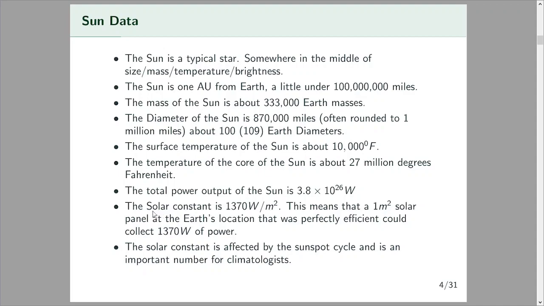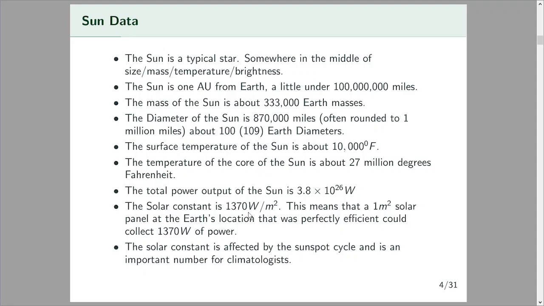From that, we can get the solar constant, which is approximately 1,370 watts per square meter. That number, at the distance from the sun where the Earth is, gives you a measure of how much power per square meter you're getting.